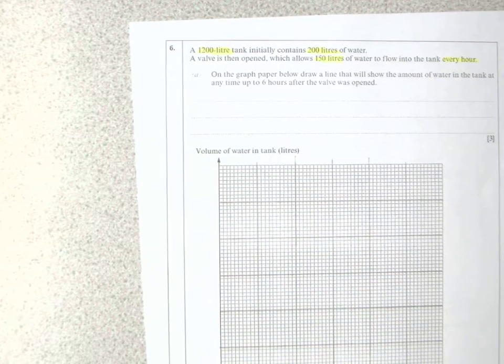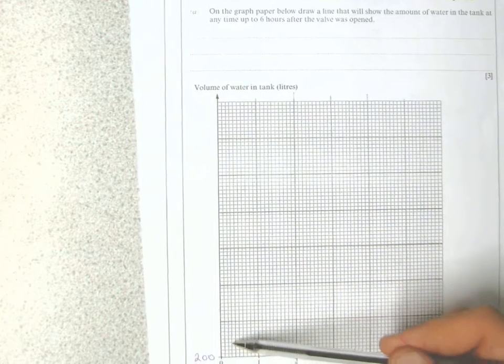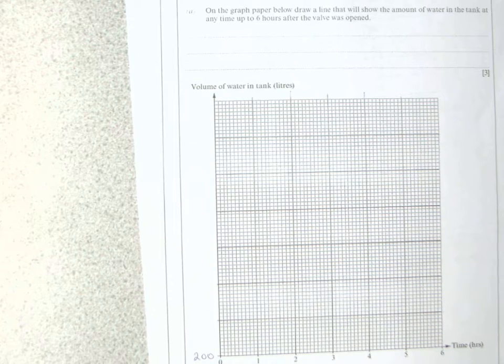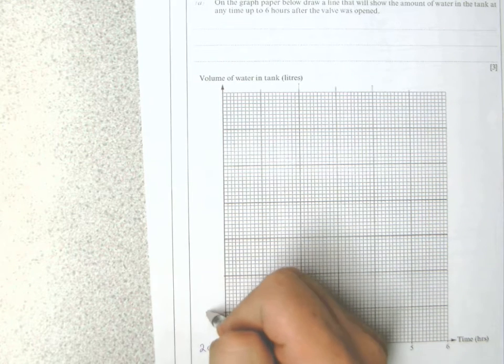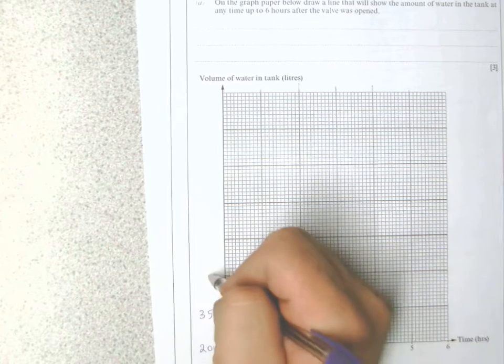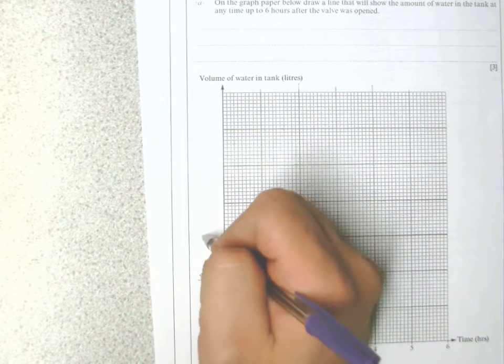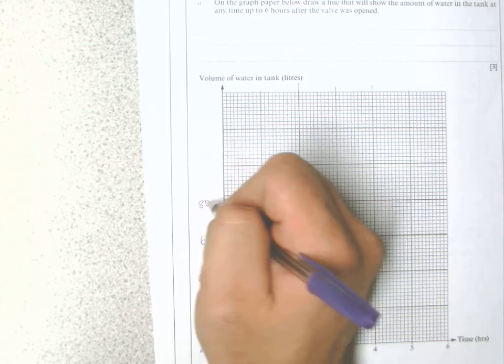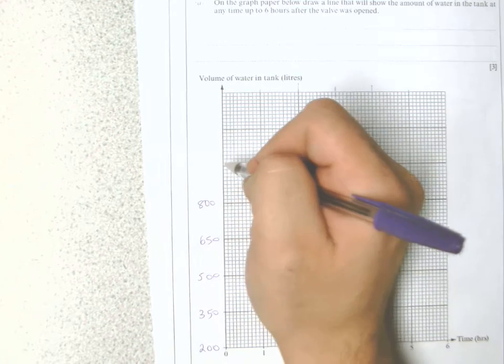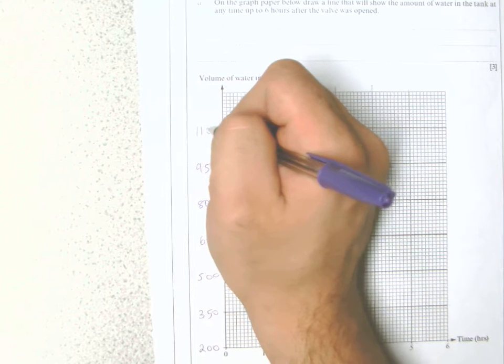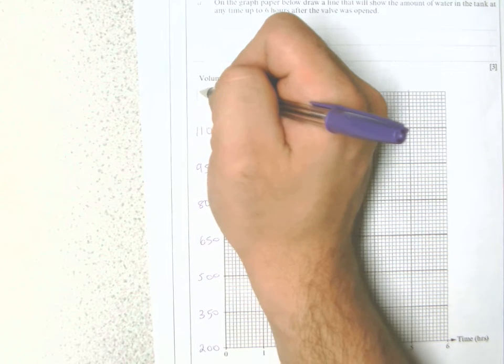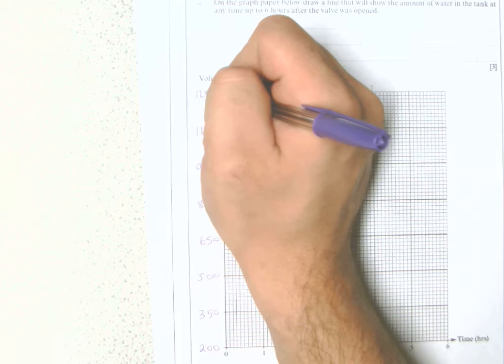In terms of a scale, I don't think it's going to hurt if we go up in 150s. So we'd have 200 there, another 150 is 350, 500, 650, 800. All I'm doing is adding 150: 950, 1100, and of course 1200.